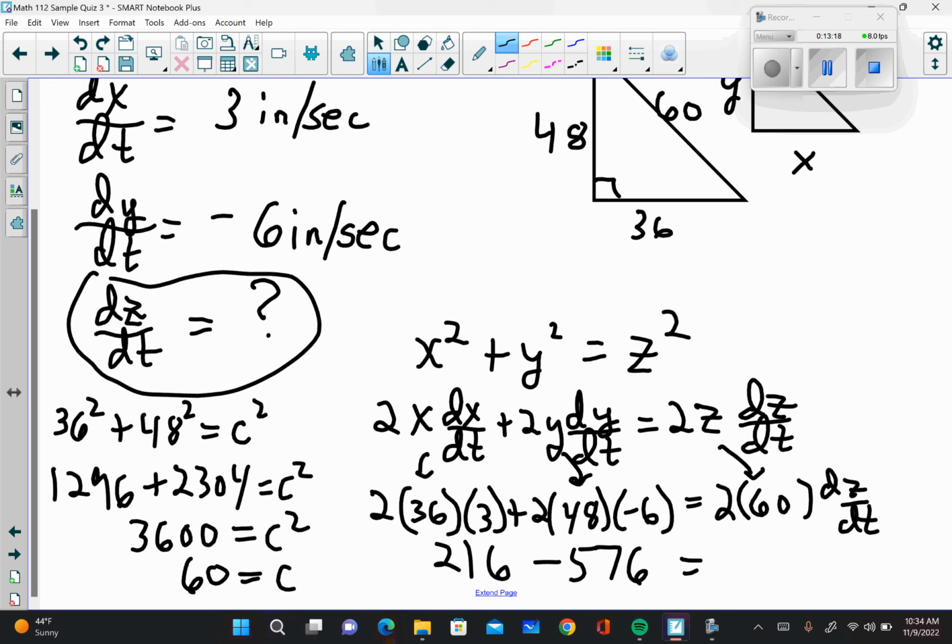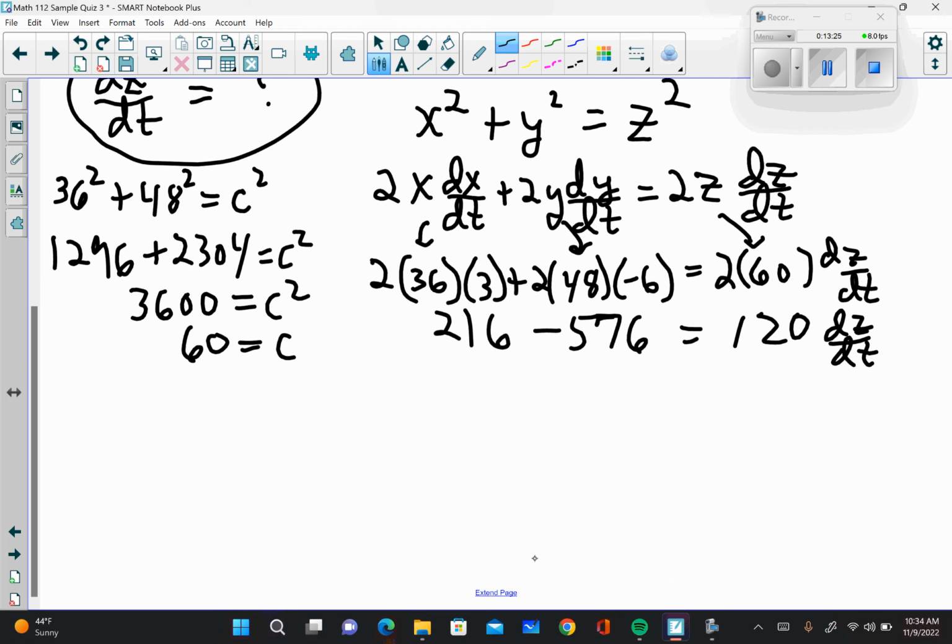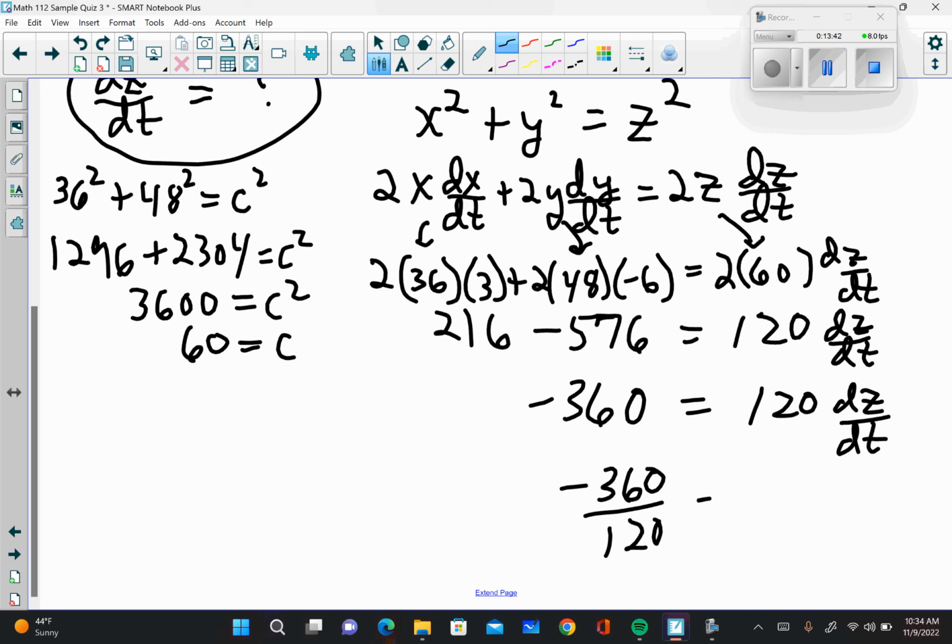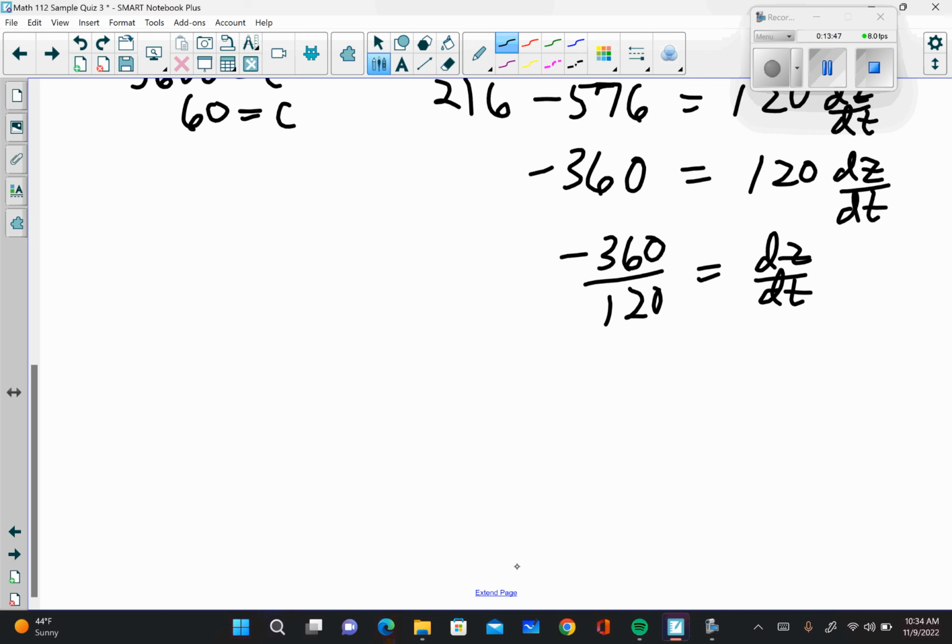And on this side, we have 120 times dz over dt. 216 minus 576 is negative 360. Copy everything else. And now I'm going to divide both sides by 120. Negative 360 over 120 equals dz over dt. Negative 360 over 120 is negative 3.